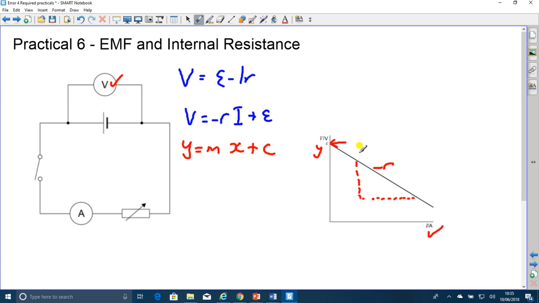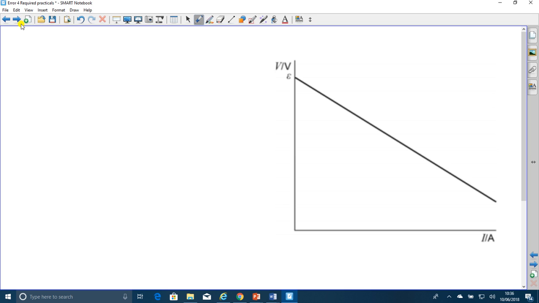There's not much to say on this one. It's really easy. Just be careful. And the next one here, I'm trying to think of dangers. I can't think of any dangers with this. I'm sure there are some. Right, that was the gradient. That's what you do here, and it's EMF and minus R is the gradient.